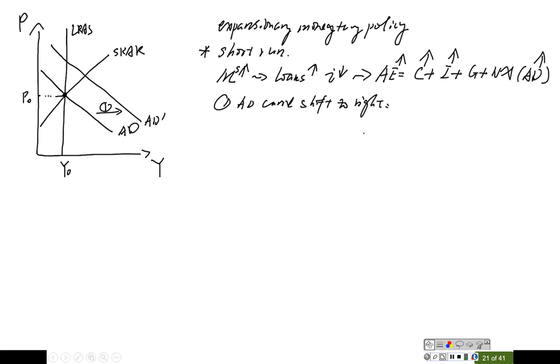With the strong demand, firms are going to increase output to meet it. But here comes the question: how can firms on average in the country increase output in the short run?